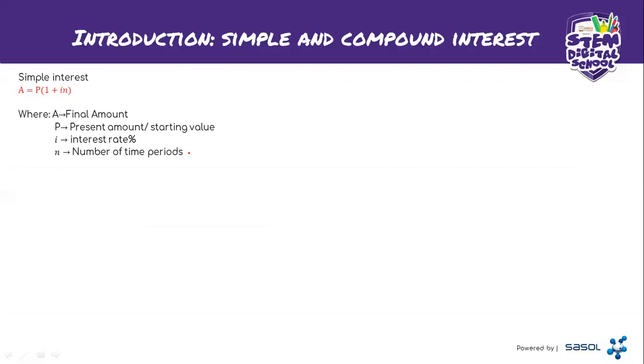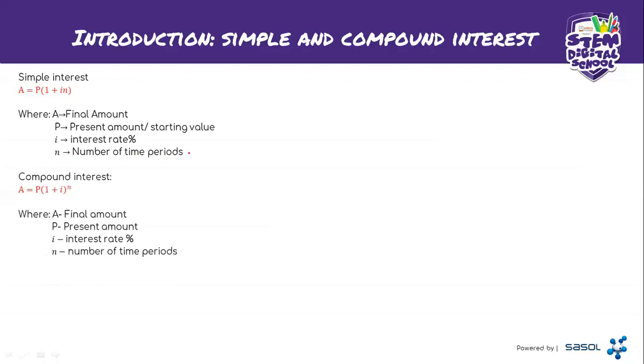All right, let's go to compound. When you get into compound interest, A is still the same as in simple interest, the final amount. P is the present amount, the money that you start depositing, investing or saving. I is the interest rate.